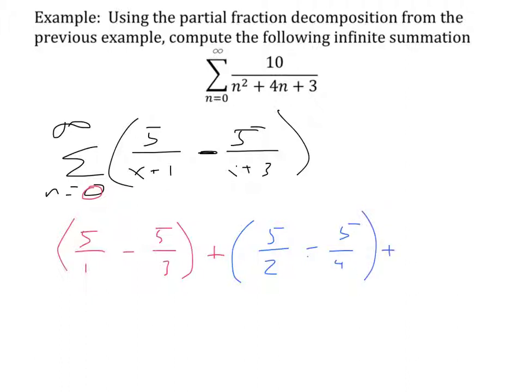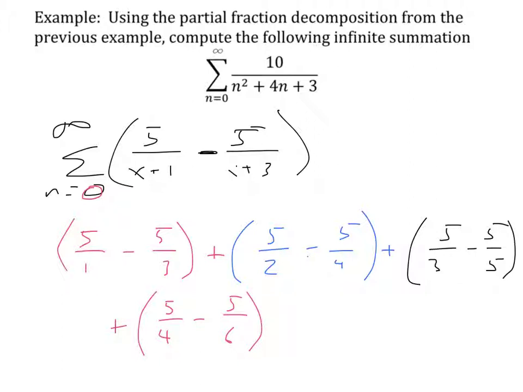Plus, now let's put in 2. This will be 5 over 3 minus 5 over 5. Just for good measure, let's do a couple more of them. Next up would be 5 over 4 minus 5 over 6. At this point, you probably see there's a pattern. 5 over 5 minus 5 over 7. And this is going to continue on forever.